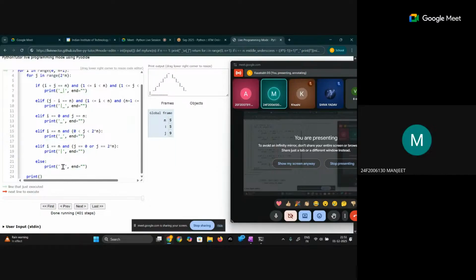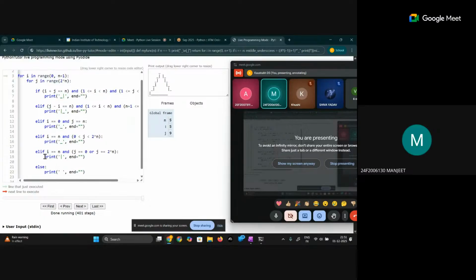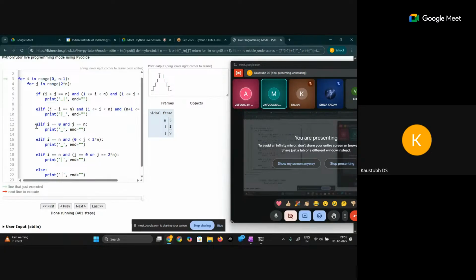Sir, in the print in line number 13, check line 13. Print this one. Yes, sir. Use one space before. Okay, that fixes one of those. And then somewhere here.